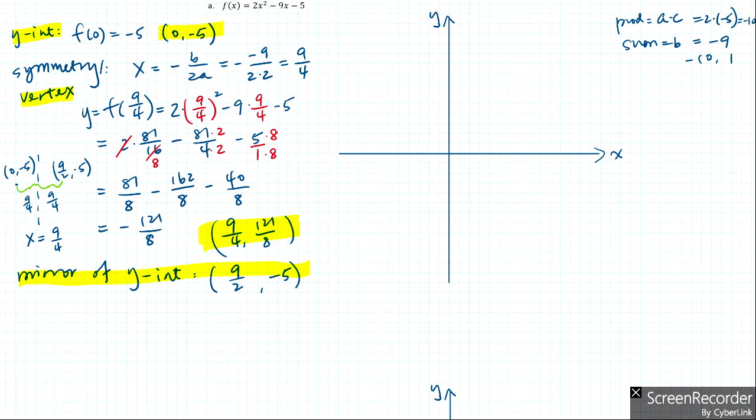And as a result, I can rewrite f of x to be equal to 2x squared minus 10x plus 1x minus 5. And grouping the first two together and the last two together, connected by addition. The first group shares a common factor of 2 and also x.